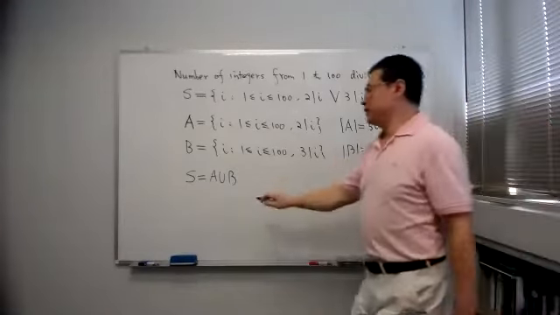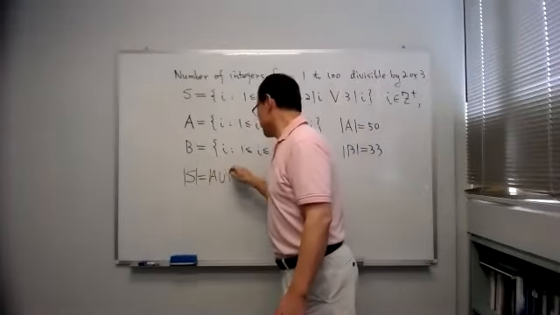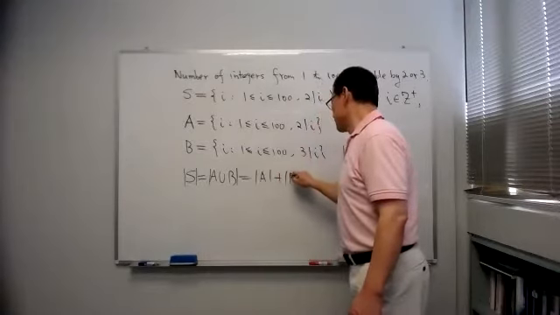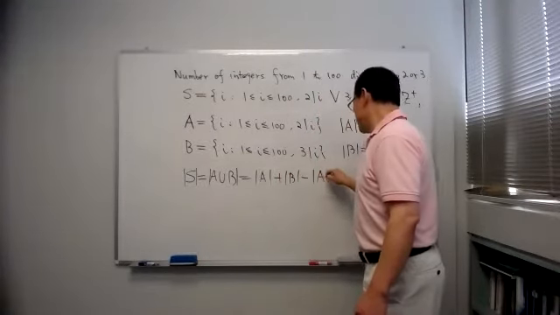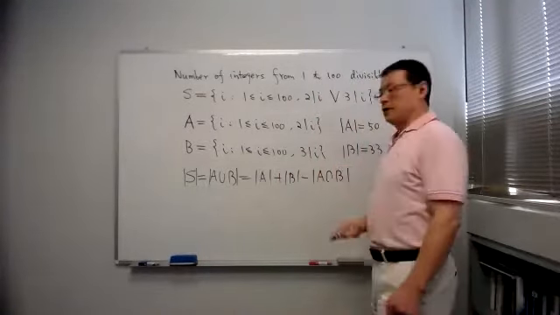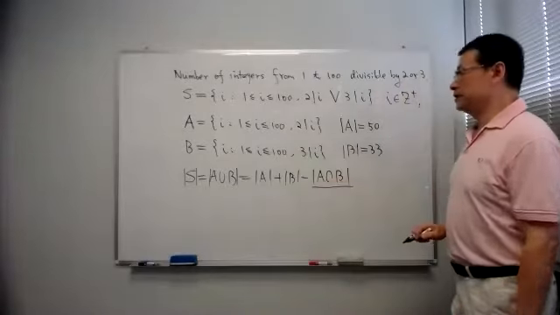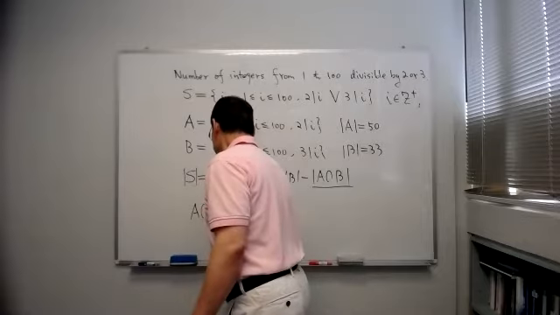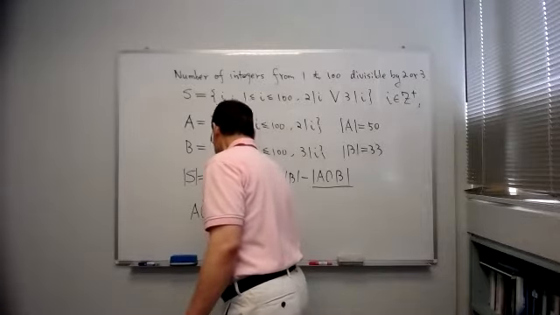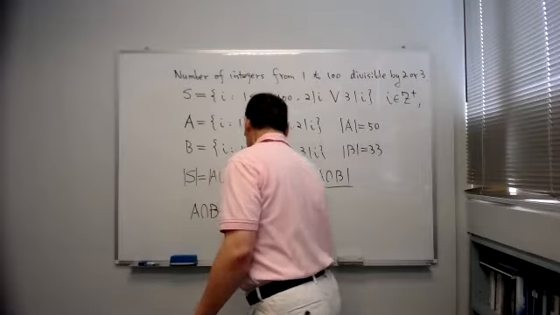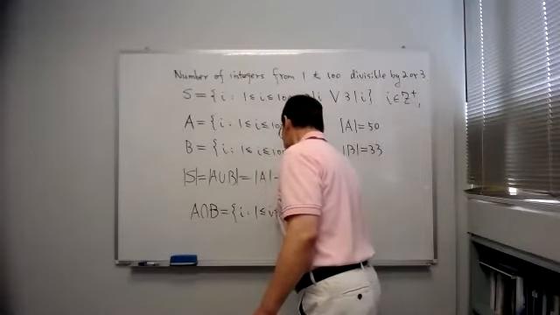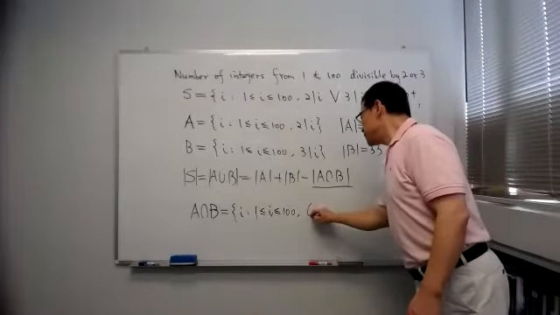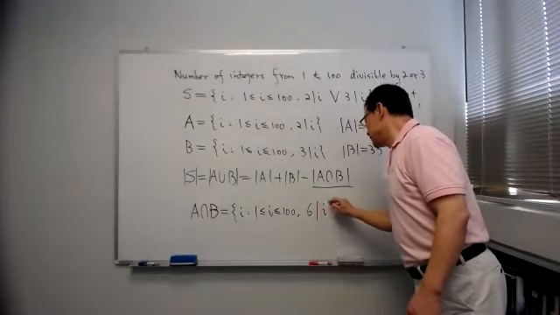Now, inside this one, what is this set? Integers divisible by 6.